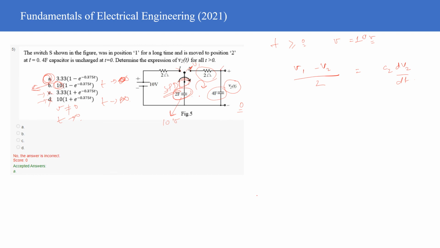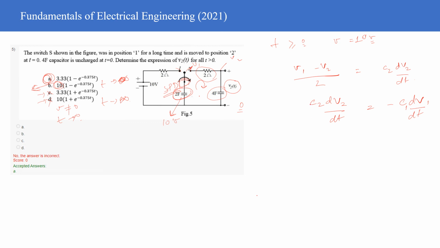What is V2? V2 is the potential at this node. And I can also write that C2 dV2 by dt is equal to minus C1 dV1 by dt, because the current is the same, since they are connected in series, and one is charging and one is discharging.